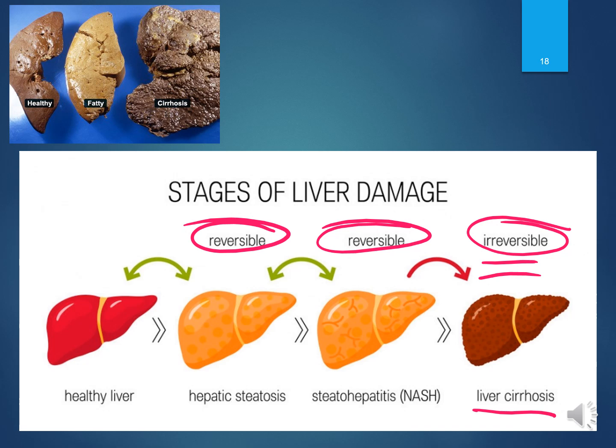It gets irritated. At that point, now it's called steatohepatitis, right? Osis is too much, itis is inflammation. It's still reversible. A person still has a chance of eliminating whatever factor is causing that fatty liver and putting their liver back towards healthy, okay?